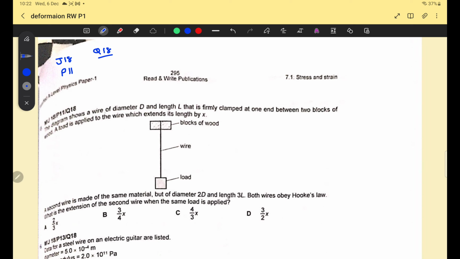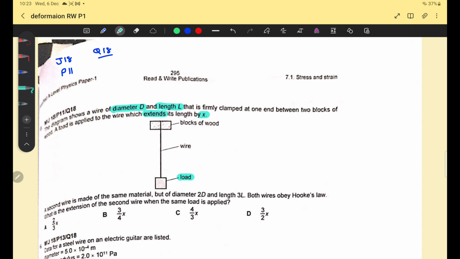Sir, the question is: the diameter of a wire is capital D, the length of the wire is capital L, and it is clamped between two blocks, and a load is hung. So you are given diameter, you are given length, and you are given extension. Extension is x.